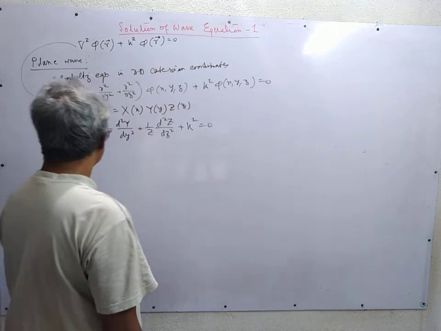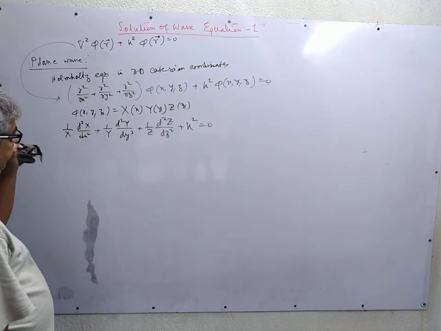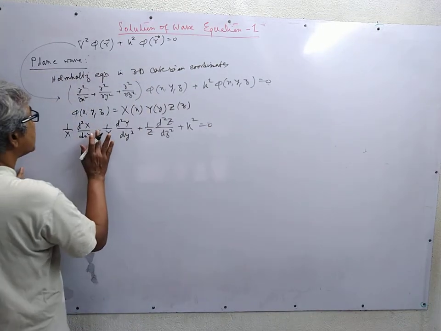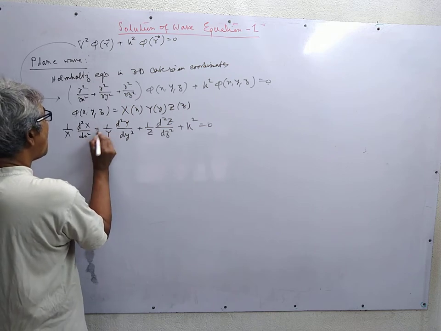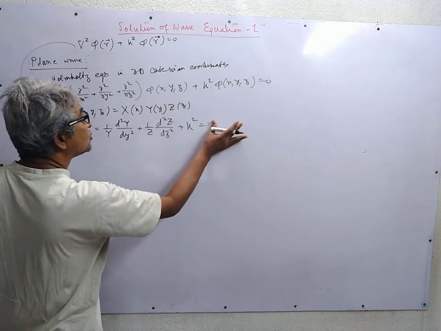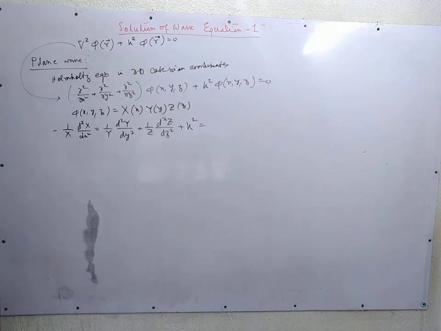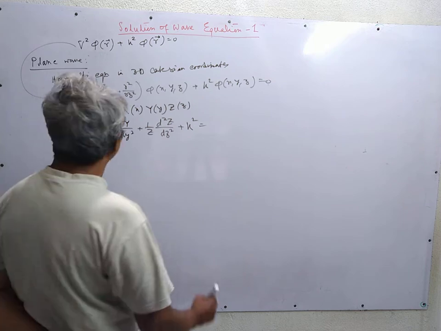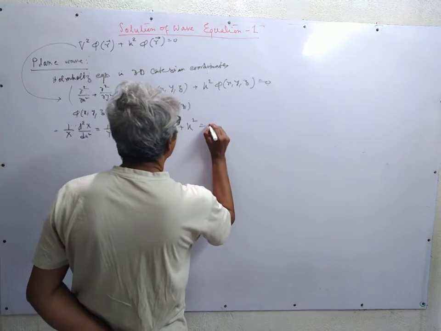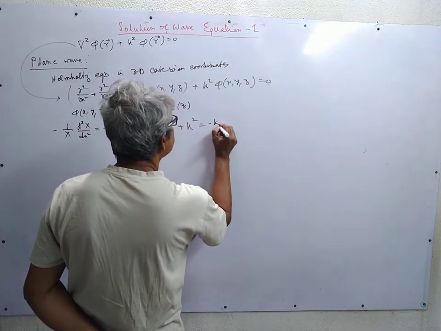For a non-trivial solution, we keep this X part on one side and take all the rest on the other side, so that the left hand side is a function of x only and the right hand side is a function of y and z, and we know that the solution will have periodicity with respect to x.